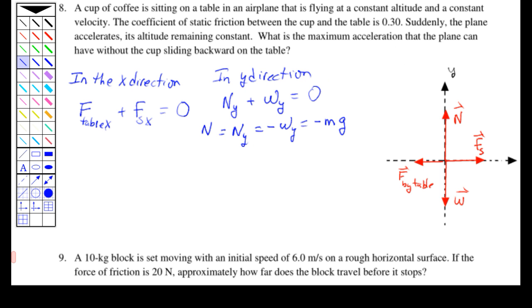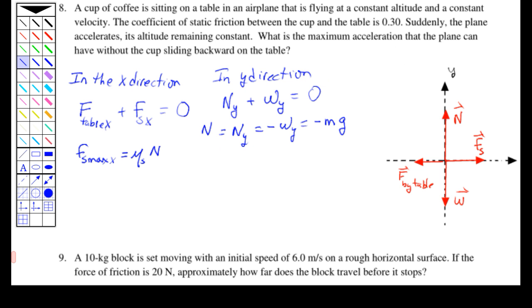We need this because in the x direction we have a static force, and we know that the maximum static force in the x direction is going to be, first of all, positive because it's in the positive x direction, and it's equal to the coefficient of static friction times the magnitude of the normal force.